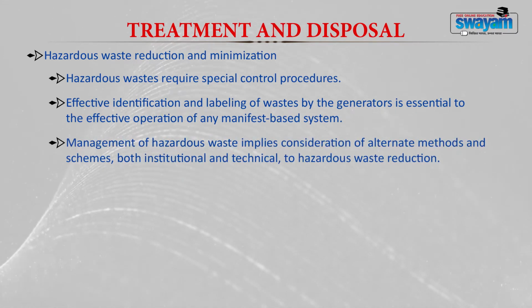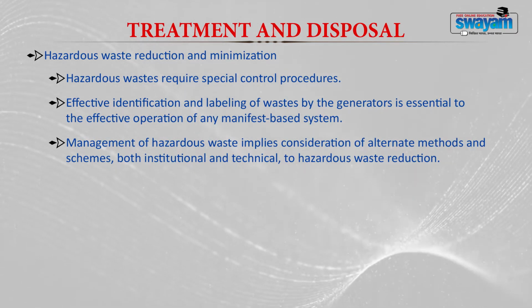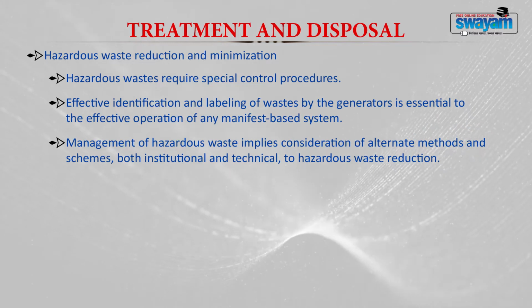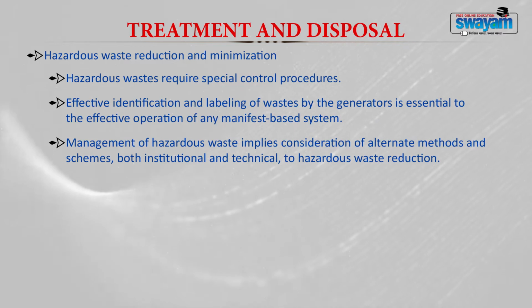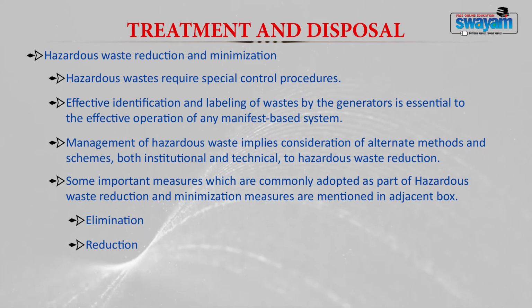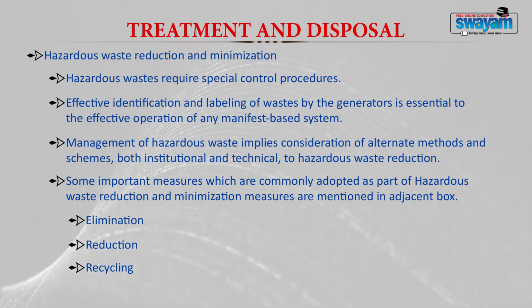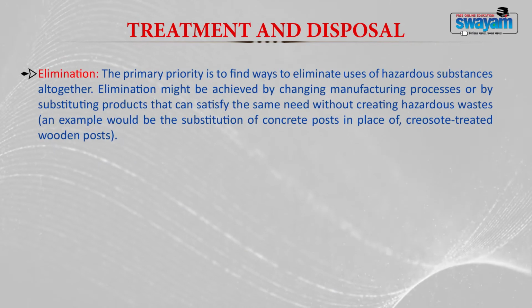The management of hazardous waste generally implies certain considerations for alternate methods and schemes, both institutional and technical, for hazardous waste reduction. There are certain important measures which you have to adopt as part of hazardous waste reduction and minimization. Now what are they? One is elimination, second is reduction, third is recycling, and fourth is treatment to reduce their volume and toxicity.